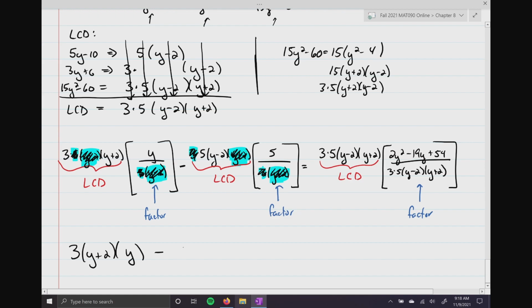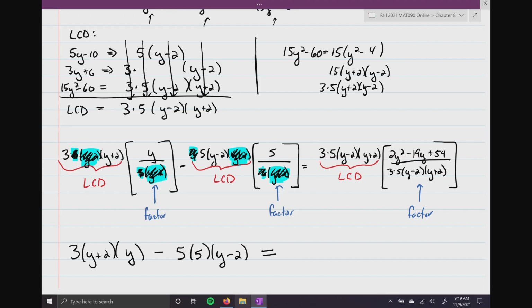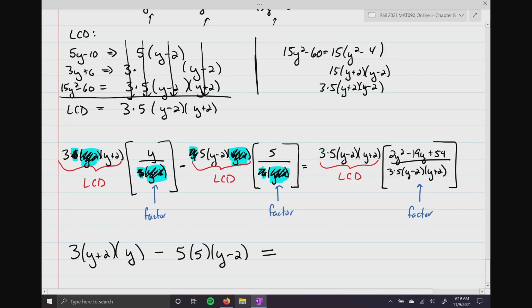So I got a 5 times another 5 times y minus 2. I took that second 5 and put it all the way up front. Okay? Equals. Get the highlighter out. I got a 3, I got a 3. I got a 5, I got a 5.